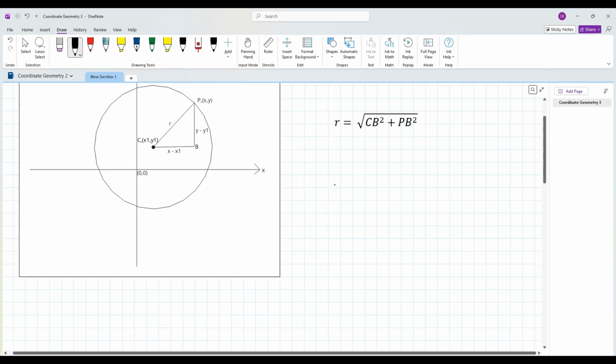Now let's try to find the equation of a circle given the centre and the radius.